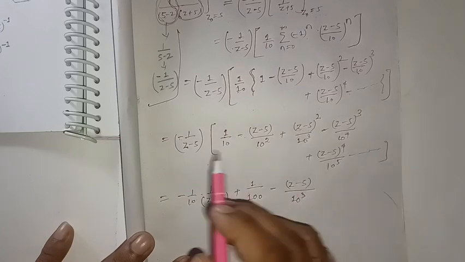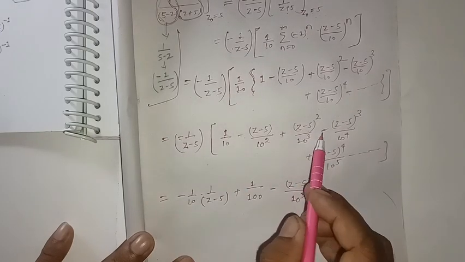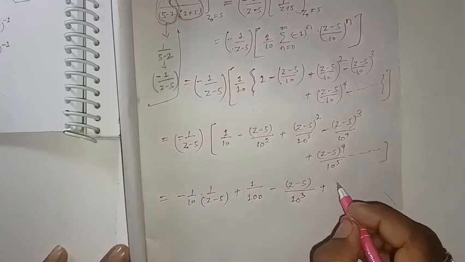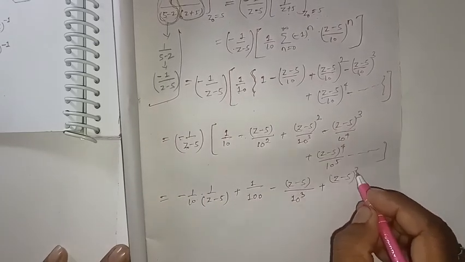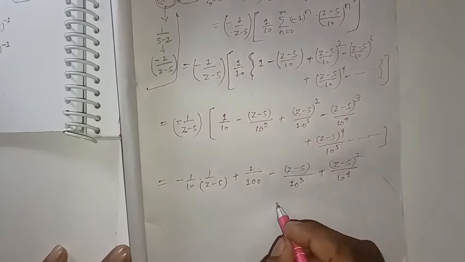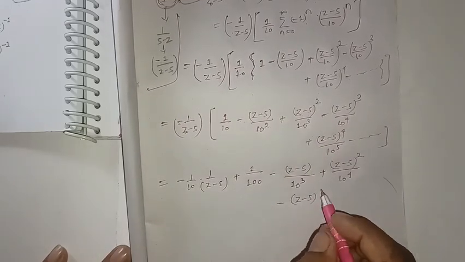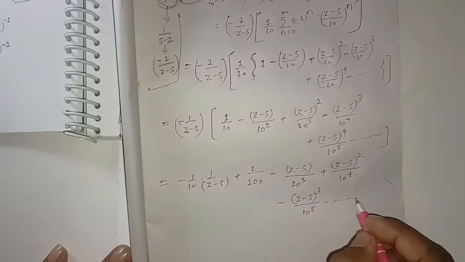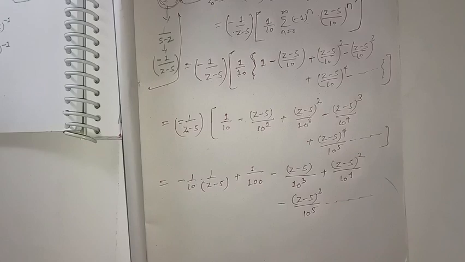Then minus, plus z minus 5, one z minus 5 got cancelled, and we found z minus 5 to the power 2 divided by 10 to the power 4. Then the next term will be minus z minus 5 to the power 3 by 10 to the power 5, then so on. Right? Okay.